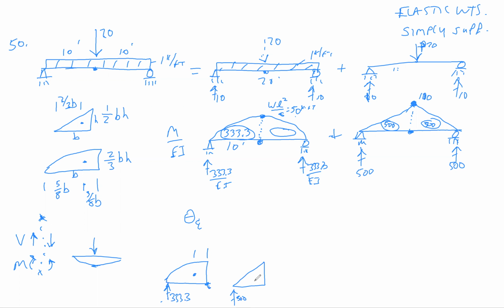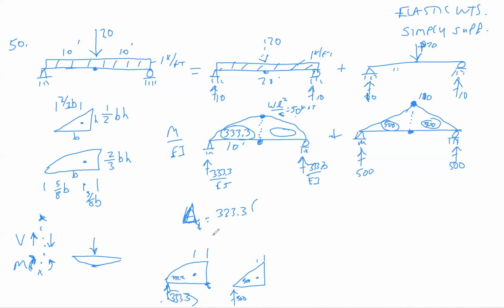This is 500. These areas we already know, 500 and 333.3. And I'm going to need to know that distance. All right, so remember our positive sign convention over here. So the deflection at the center line is equal to, I'm going to start with this one, 333.3, and that's actually repeating, times, now what is this? We said it was 3/8 of B.